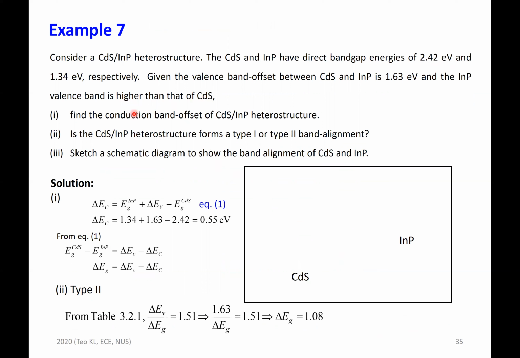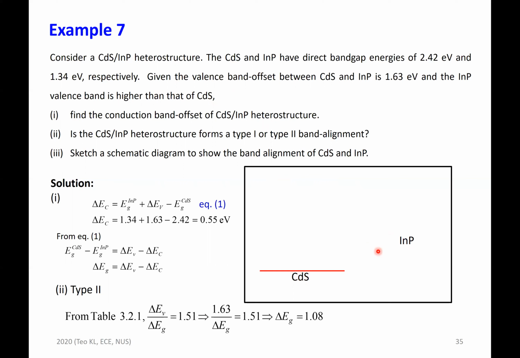Let us find the conduction band offset of the cadmium sulfide indium phosphide heterostructure and whether it forms a type 1 or type 2 band alignment. You basically need to sketch the diagram to show the band alignment of this heterostructure. For this question, the indium phosphide valence band is higher than that of cadmium sulfide.